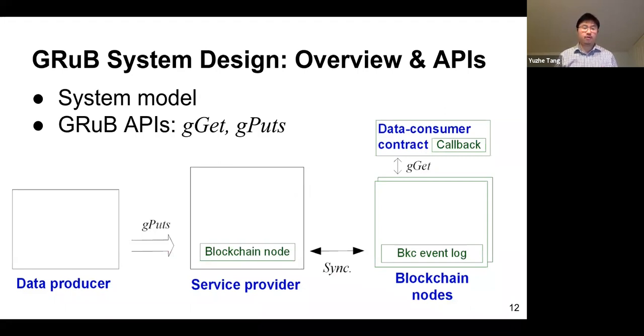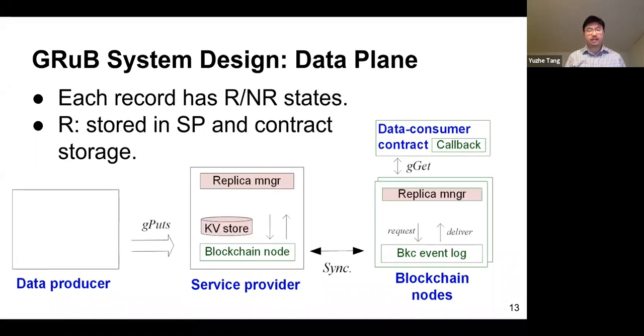Internally, the GRuB system consists of 3 planes: data plane, control plane, and security plane. In the data plane, each data record is either replicated or not replicated. When it is in the state R, replicated, there are 2 data replicas.